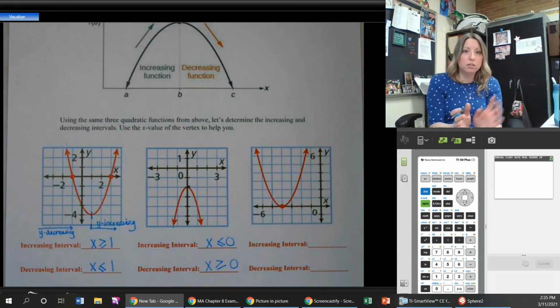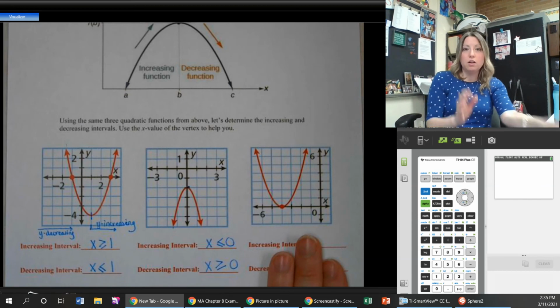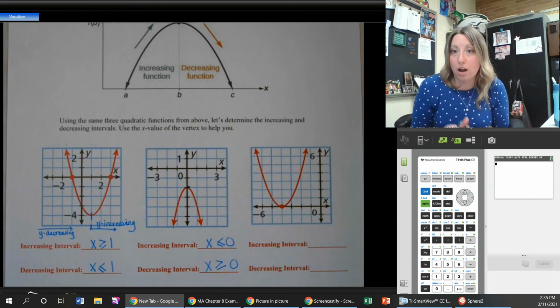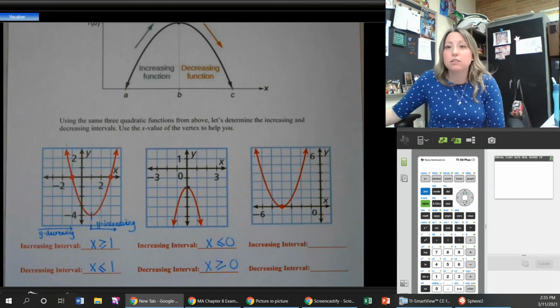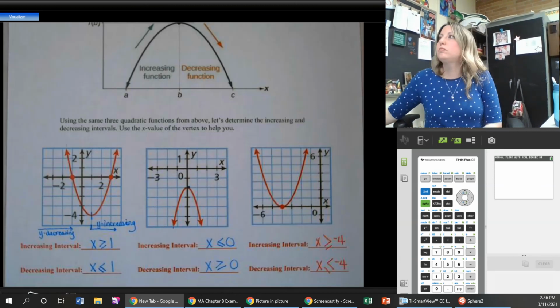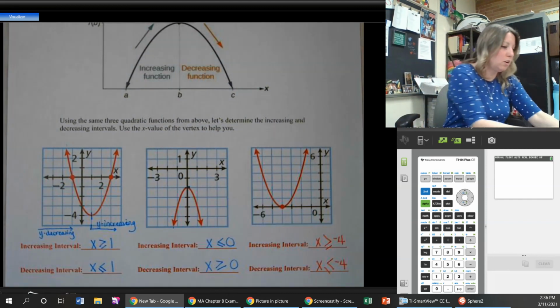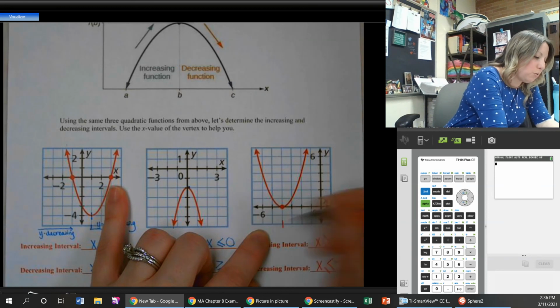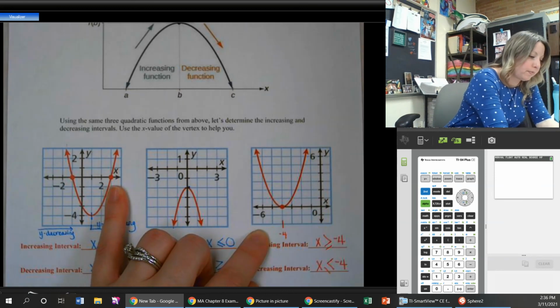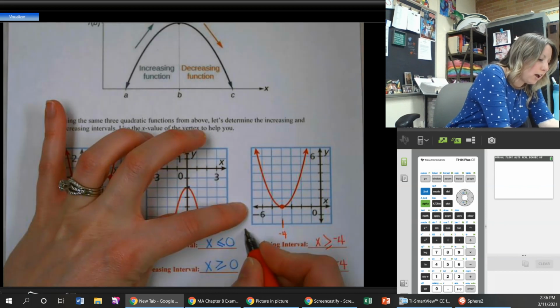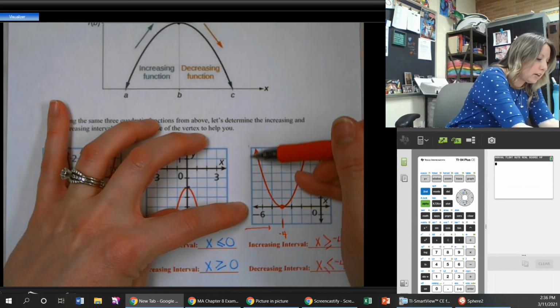Pause it here, and you try the last one. Base it on the axis of symmetry value for x. Okay, my axis of symmetry value of x is -4. Remember that we're going left to right. As we go left to right here, y is getting smaller and smaller.